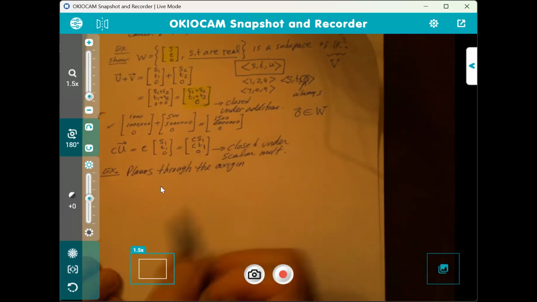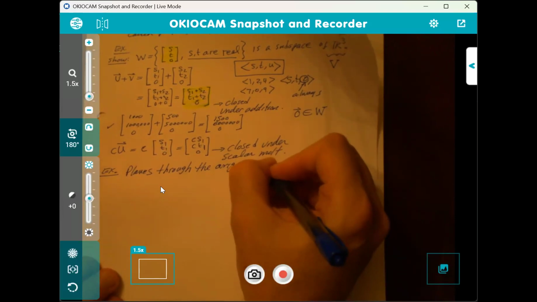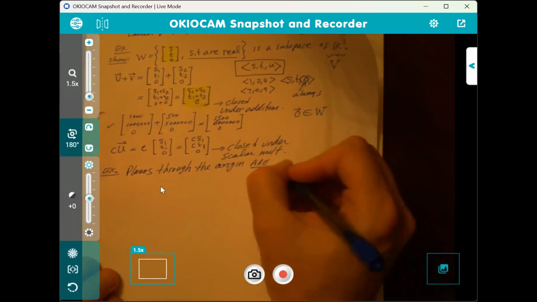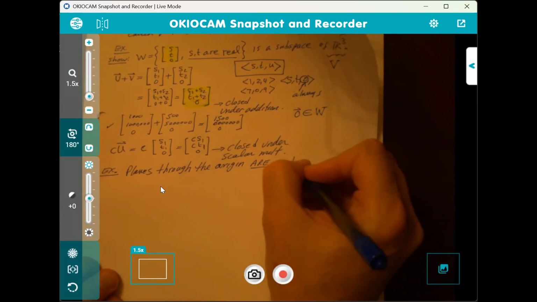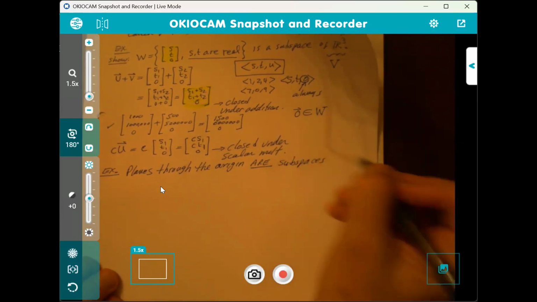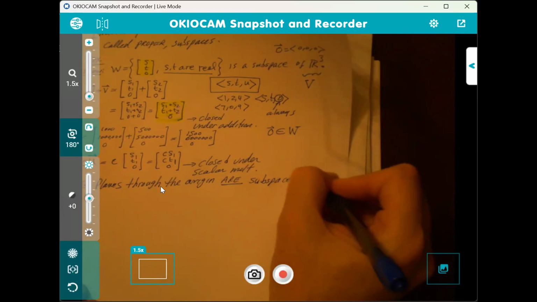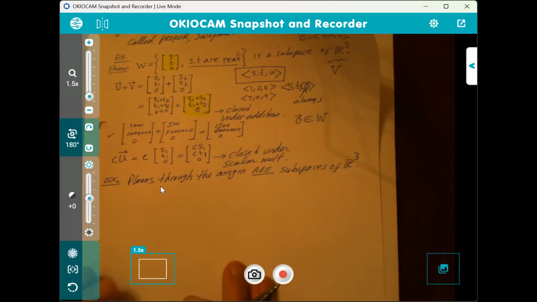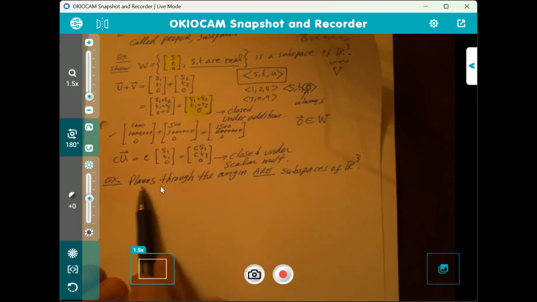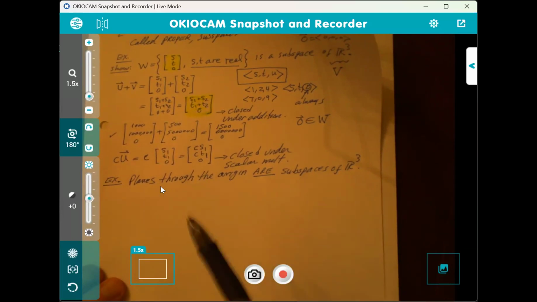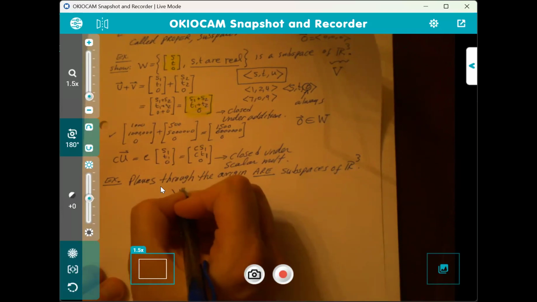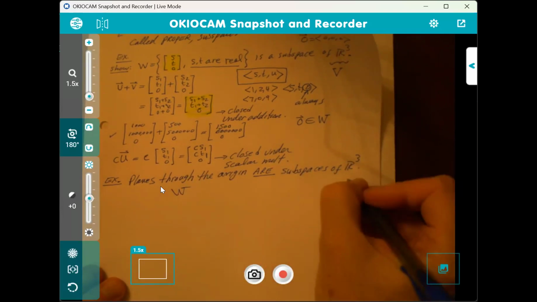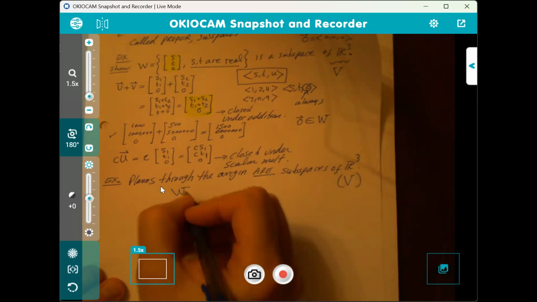All planes through the origin are subspaces of R3. That would be another example. The subspace is here, all planes through the origin. So this is your W, and the subspace of R cubed is your V.